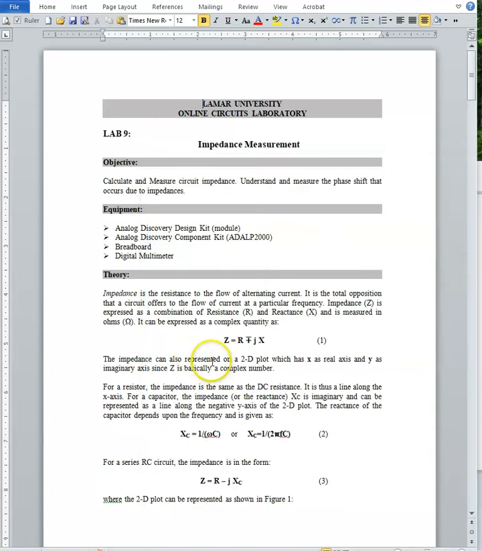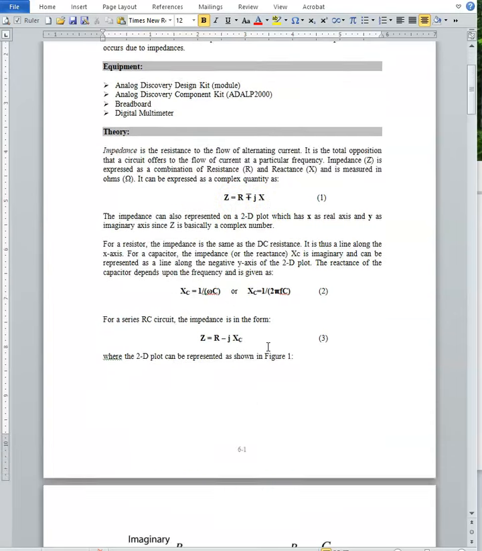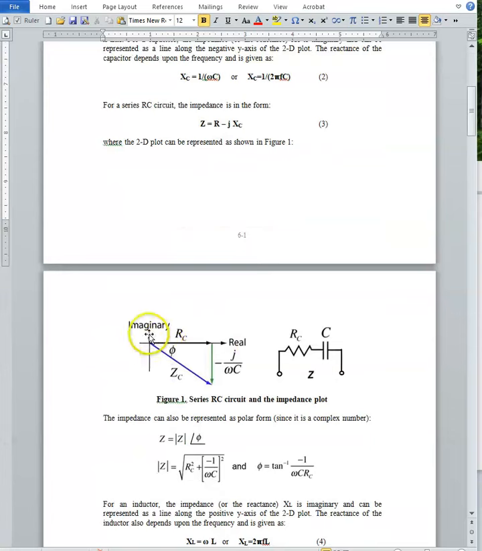Now if you have an RL circuit, then you have R plus jX. If it's an RC circuit, then it becomes R minus jX. And then you can have this plot for the RC. So this is the impedance plot. You have the imaginary component, which is in the negative.